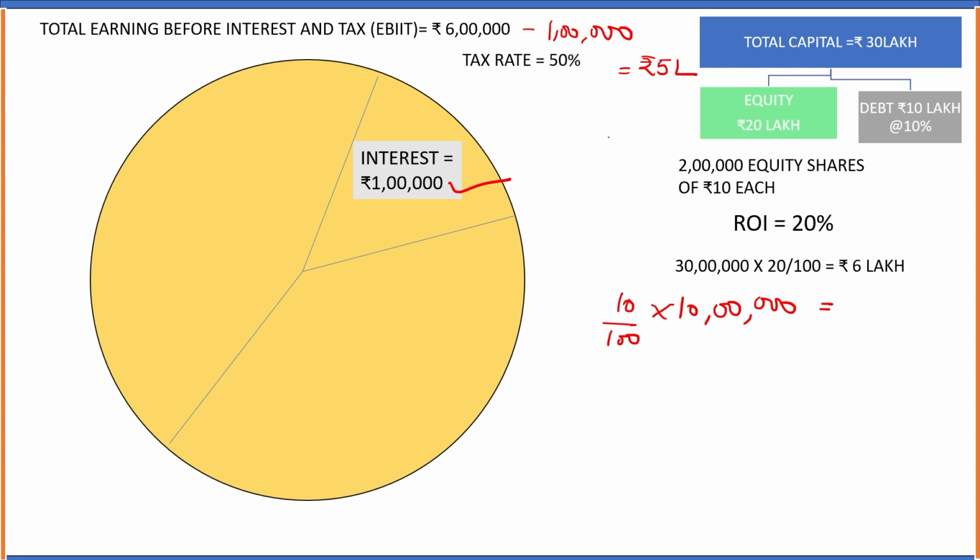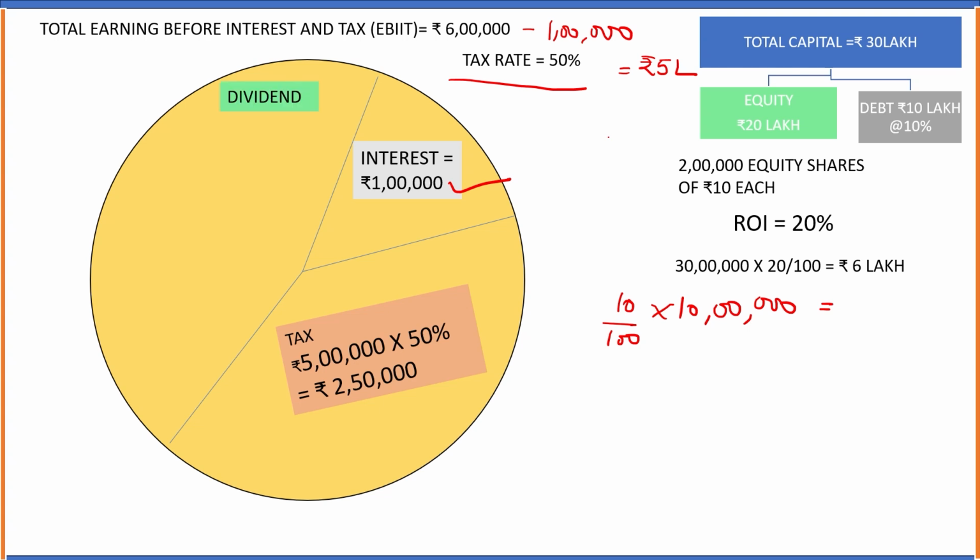Now the next deduction which will be there is tax at the rate of 50%. So now 50% of 5 lakh is rupees 2 lakh 50,000. So now the company is going to pay a tax of rupees 2.5 lakhs.